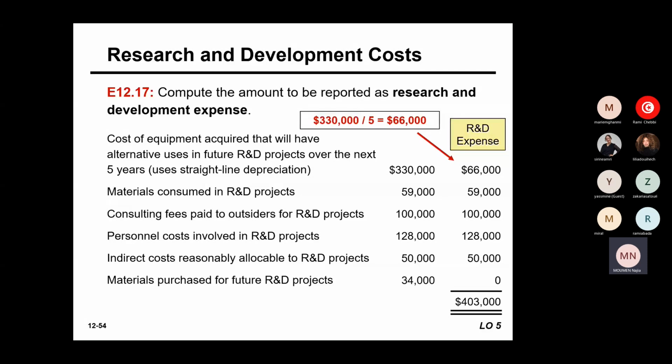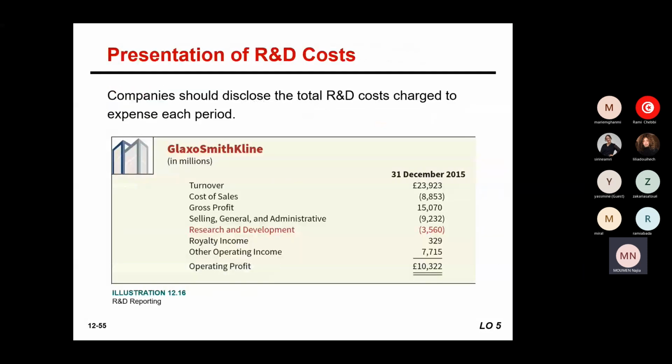What we have here is just a snapshot of the R&D cost within GlaxoSmithKline. This is also a pharmaceutical firm, and this is how they report research and development expenses. You have the turnover, which is sales revenue, the cost of sales, and then the gross profit. You have selling, general and administrative expenses, and also research and development expenses.